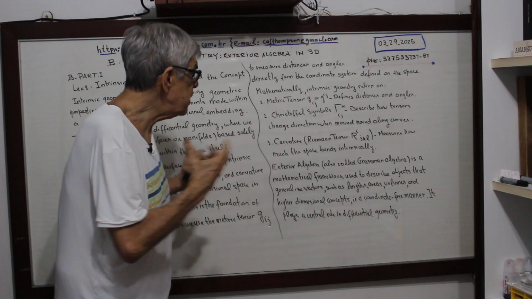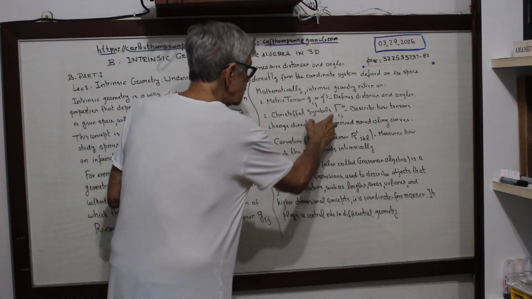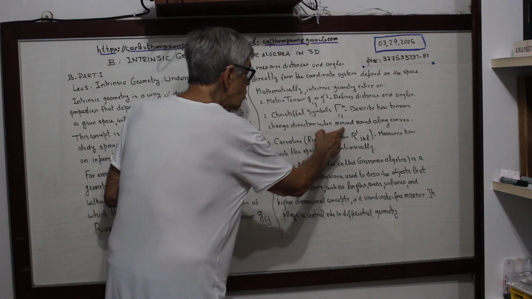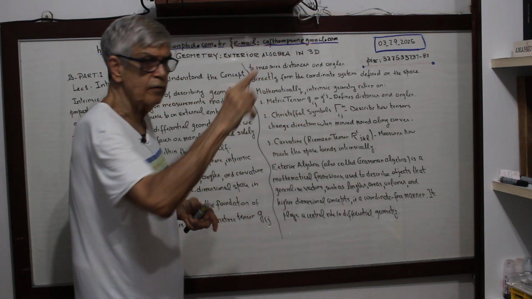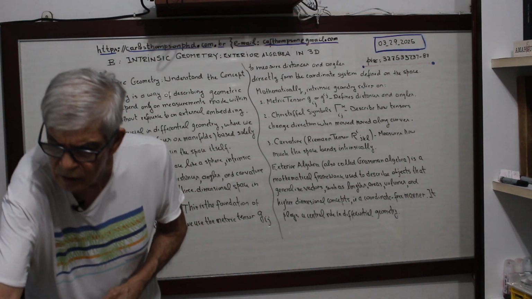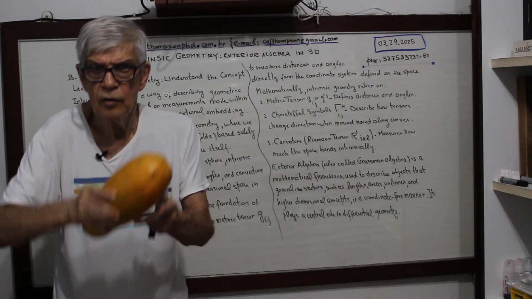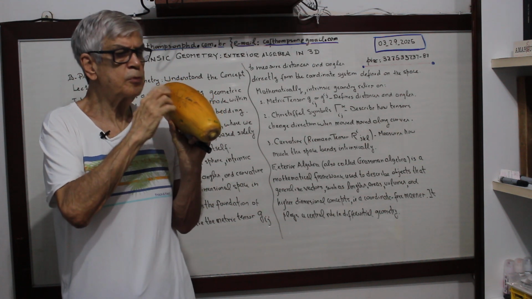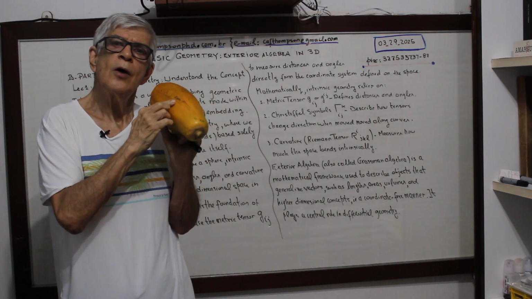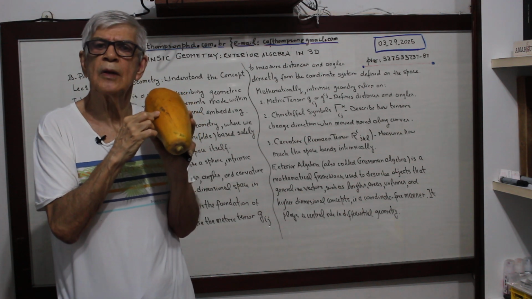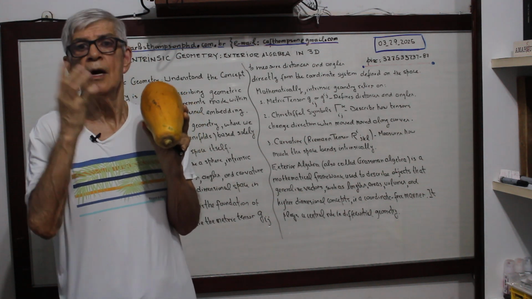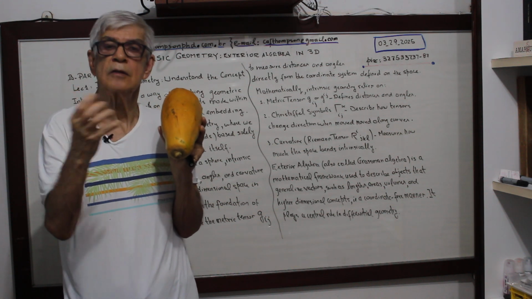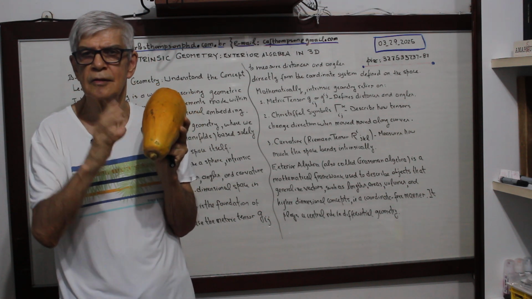The Christoffel symbols describe how direction changes when moved along a curve. If you have a curve here, at each point we will have a different Christoffel symbol, because at each point we have a different metric tensor.